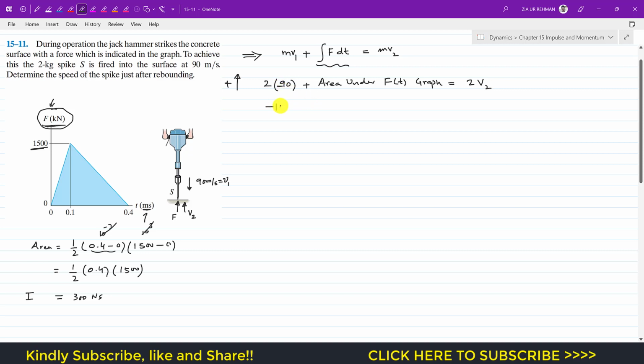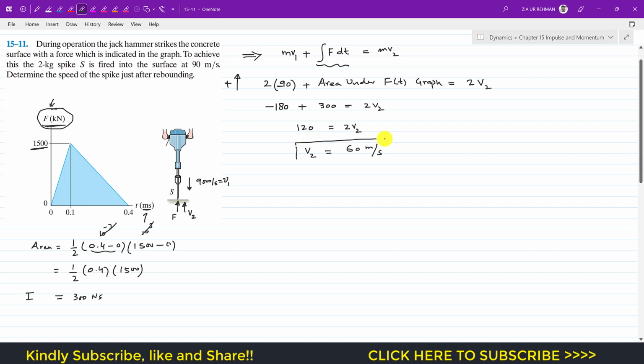So this is minus 180 plus the impulse, the area under the curve, which is 300, and this is equal to 2 into v2. Now 300 minus 180 is 120. So 120 equals 2 times v2, and we can say that v2 is 120 divided by 2, which is 60 meters per second.